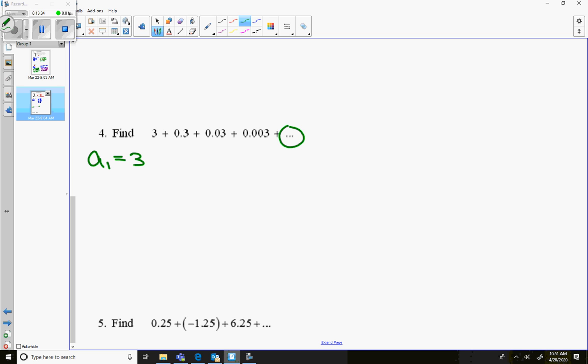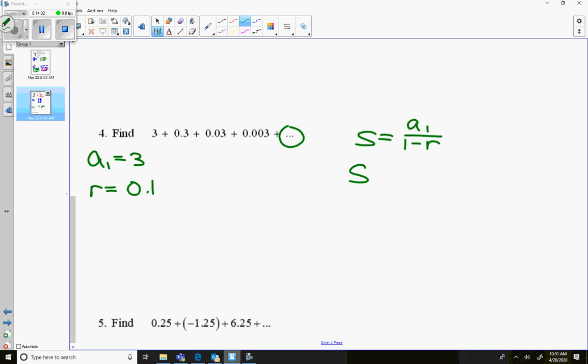Again, you can take any term divided by the previous term to figure it out. But hopefully in this case, you just recognize you multiply by 0.1. And if you keep doing that, you get all the consecutive terms. So we do this forever and ever. So it is an infinite geometric sequence.